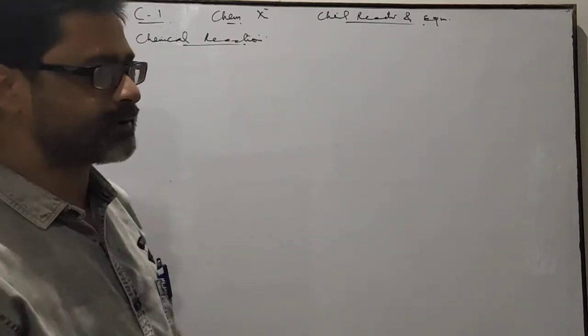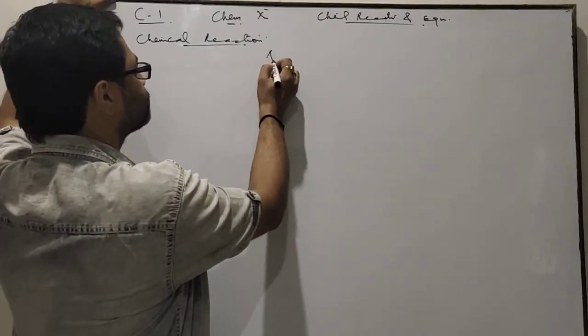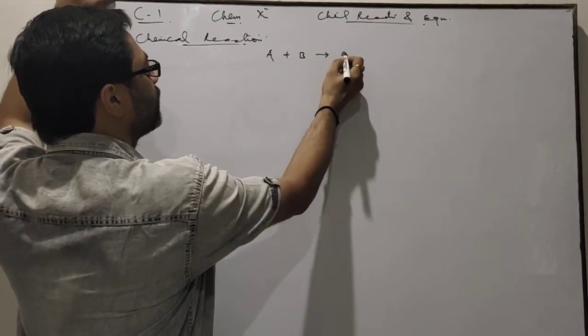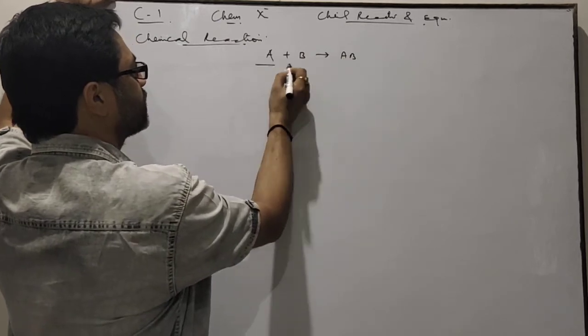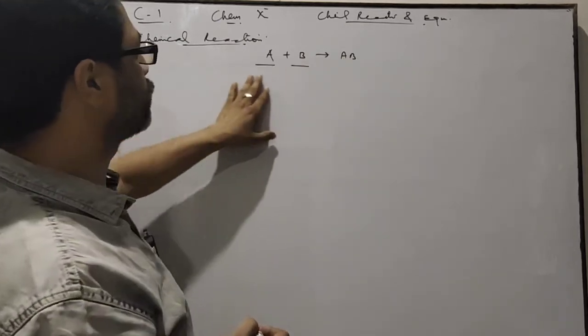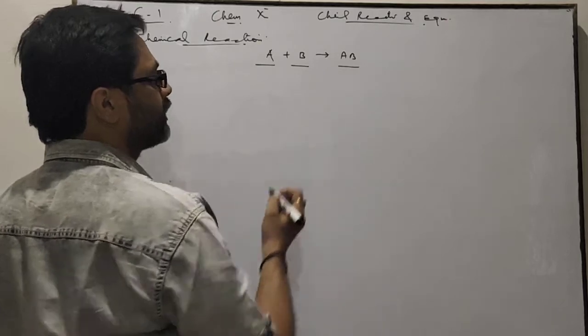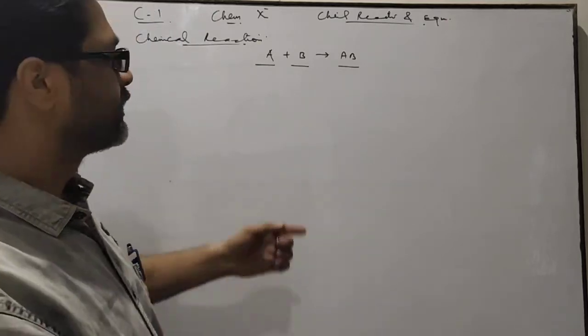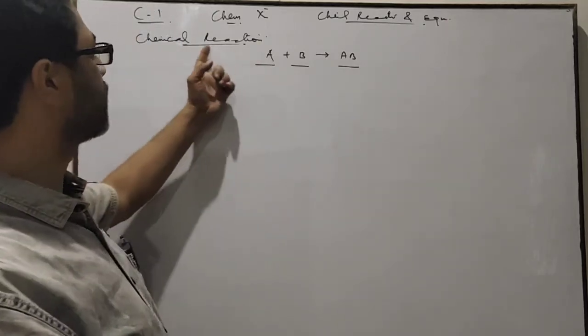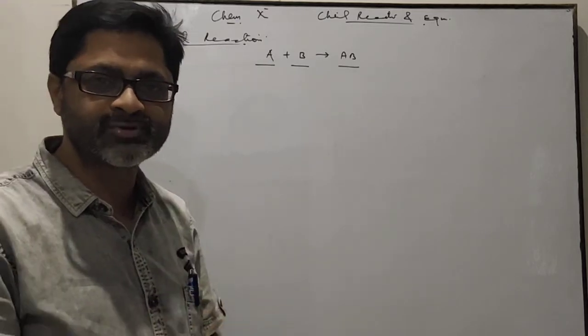different chemical compounds. See here, if we have two compounds A and B, they react together to form a new substance AB. This is known as chemical reaction. What is chemical reaction?